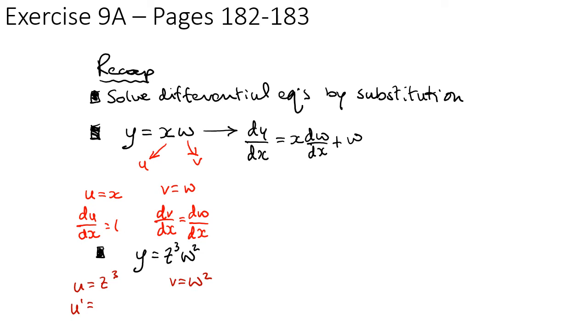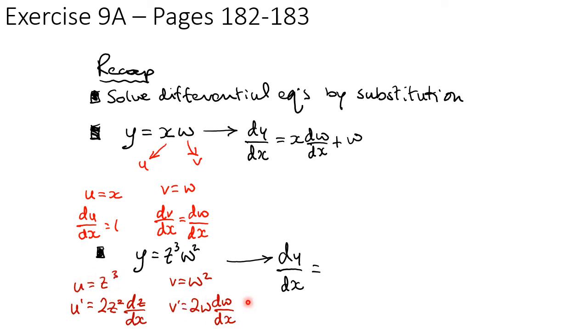Now if we differentiate that, that becomes 3z squared, but we've just differentiated a z as if it were an x. And v dash, if we differentiate this with respect to x, so 2w, differentiate as if it was an x, but we've just differentiated a w as if it were an x. We've pretended it was an x term. So this is the implicit differentiation. So then dy dx, that will be u times v dash.